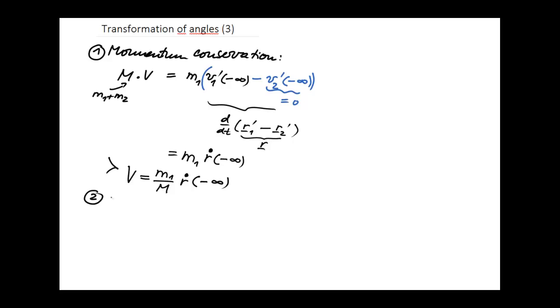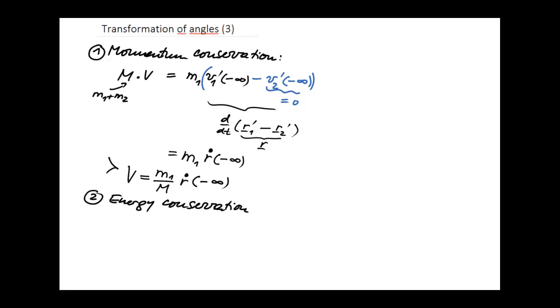Next, we can exploit energy conservation. And this we can consider for the effective one-body problem. For the effective one-body problem, we have asymptotically free motion far away from the center of the potential. So far away at time plus and minus infinity, the total energy is composed only of kinetic energy. We don't have a contribution from potential energy. And the total energy must be conserved.